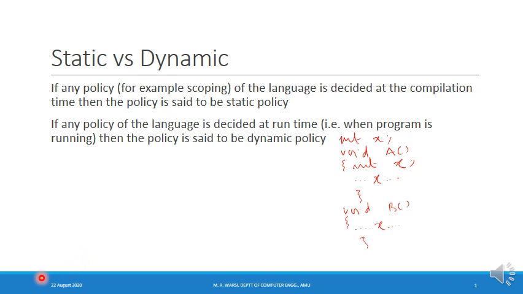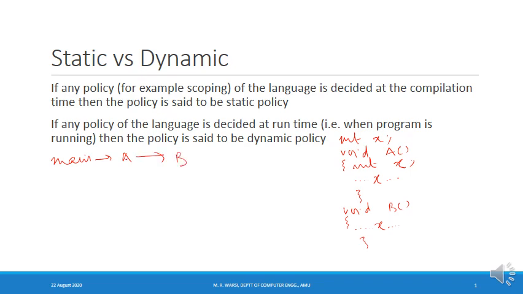Let me now give you another policy, and this policy states that for a variable reference, first of all it will be searched in the currently executing function. If it is not found there, then it will be searched in the parent function. If it is still not found there, in this manner it will be going up. So let's consider that main has given call to the function a, and a has given call to the function b.